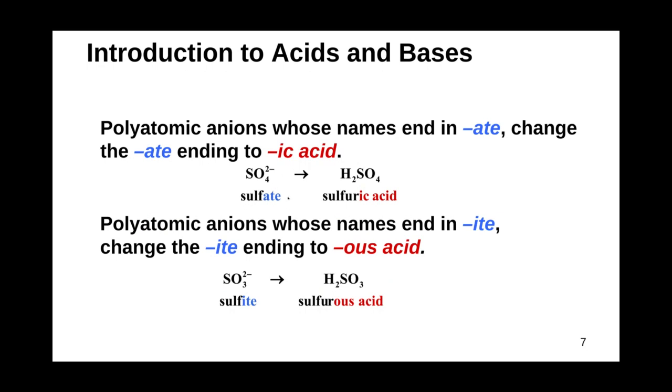So instead of sulfate, we change it to sulfuric acid. And then we have polyatomic ions whose names end in "ite", such as sulfite, SO3 2-, again something we've seen a few times. We change the "ite" to "ous", so for sulfite, this would be H2SO3, sulfurous acid. So that's just nomenclature in terms of how to name these.